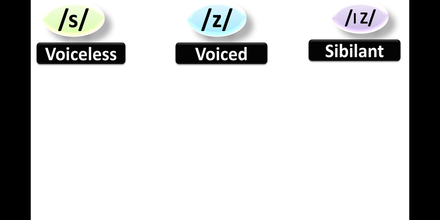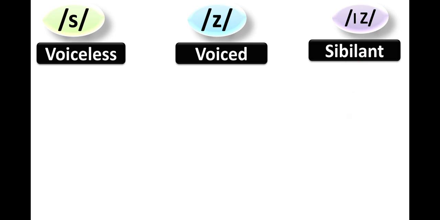So you remember letter S is pronounced as s in the end of the word if it appears after voiceless sound. Okay, so you have to check a consonant which appears just before letter S, which is there in the end of the words. Okay, and it is pronounced as Z sound when it appears after a voiced sound, and it is pronounced as iz if it appears after a sibilant sound.